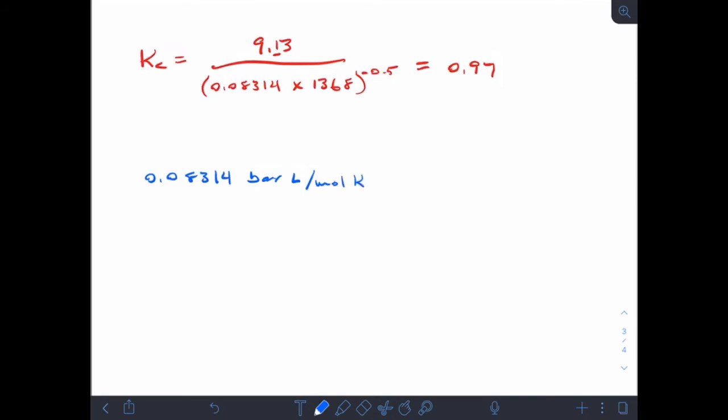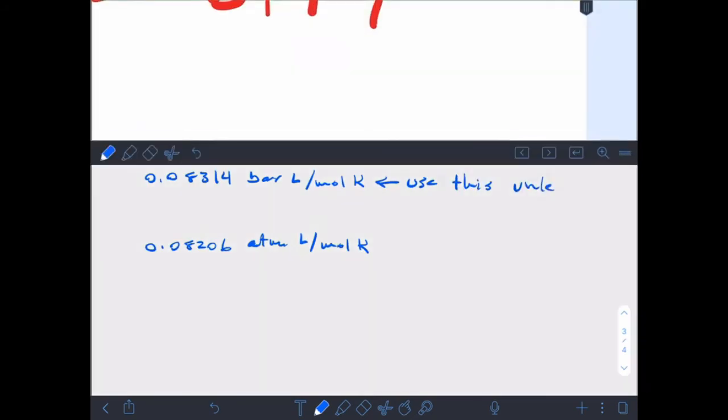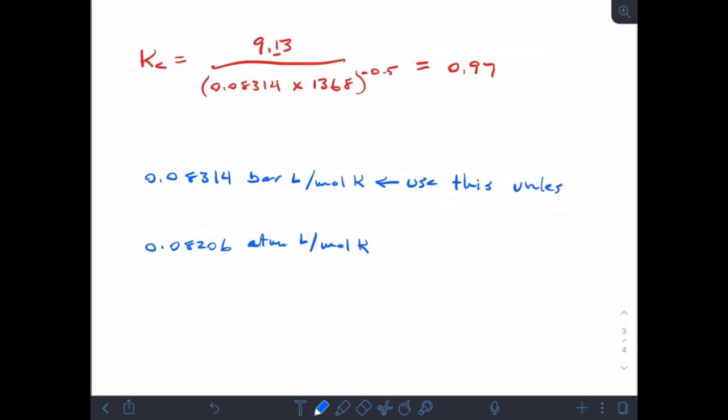Okay? That's not to say that it's always going to be the case. We also have the value that you may be more familiar with from doing ideal gas law problems, which is related to atmospheres. Okay? And what I'm going to tell you is use this one unless the units tell you otherwise.